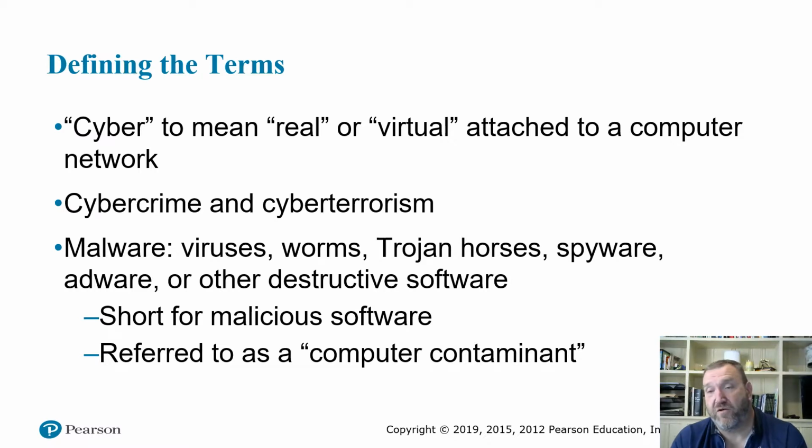We have viruses, worms, spyware, adware, destructive software, and then malware. Everyone knows this is short for malicious software. And when we get a malware virus or worm or Trojan, typically the computer that's being attacked is going to be a Windows-based system. If you're on your Mac, now there are Mac and Apple viruses.